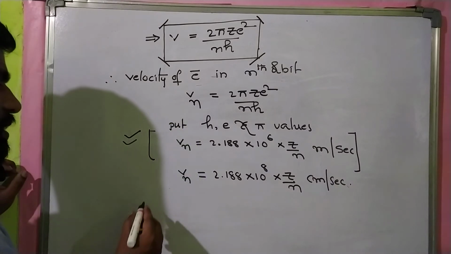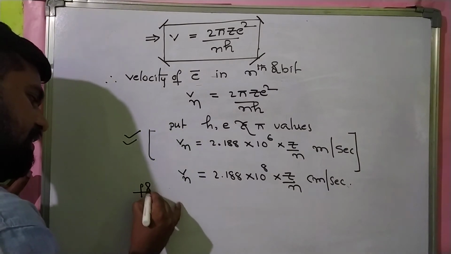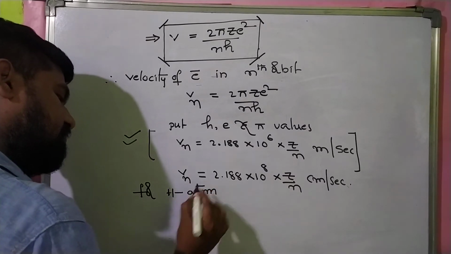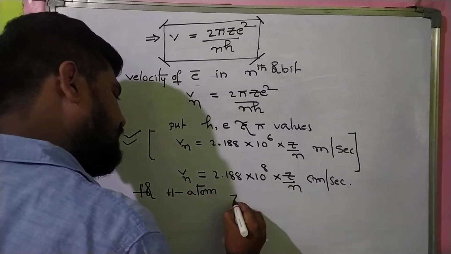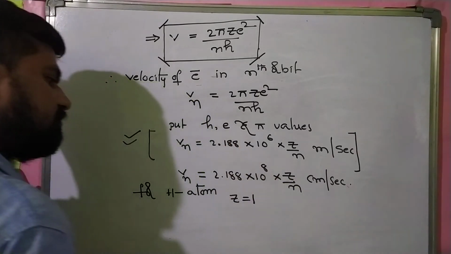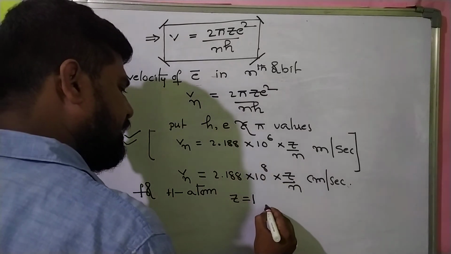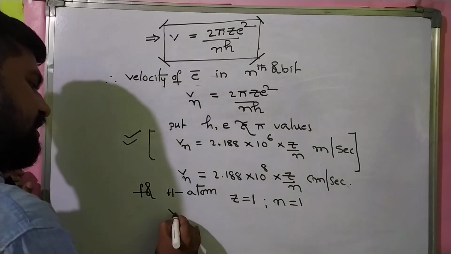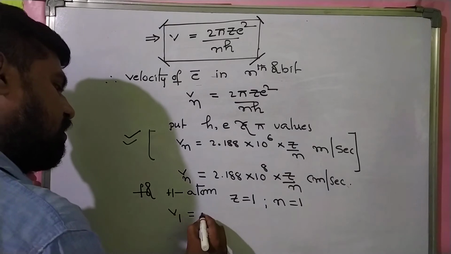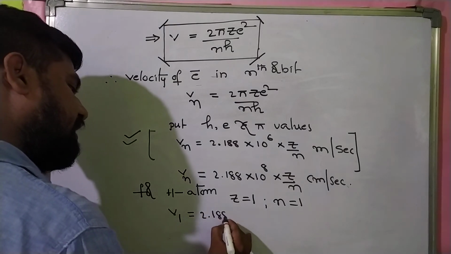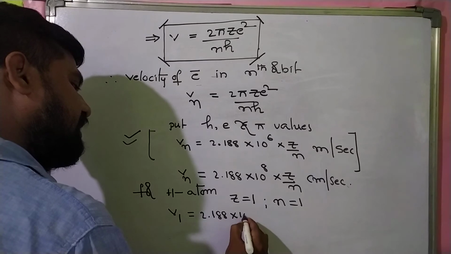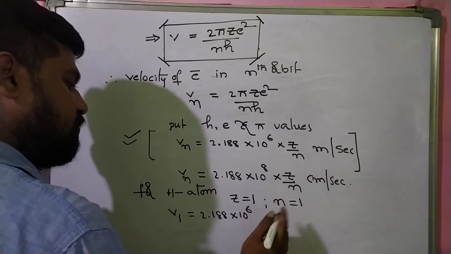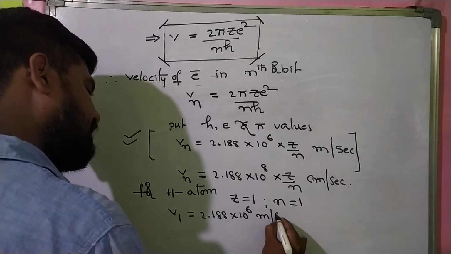Next, for hydrogen atom, Z equal to 1 and n equal to 1, the first orbit. Now v1 equal to 2.188 into 10 to the power of 6, where Z equal to 1 and n equal to 1, meter per second.